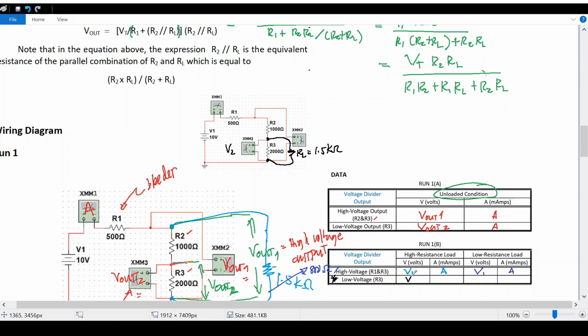So the reading here is voltage V2, and the corresponding current for this 1.5 kilo ohm load. The next is reduce the 1.5 kilo ohm to 800 ohms for low resistance loading, and then record the voltmeter 2 reading and the ammeter reading for run 1B.